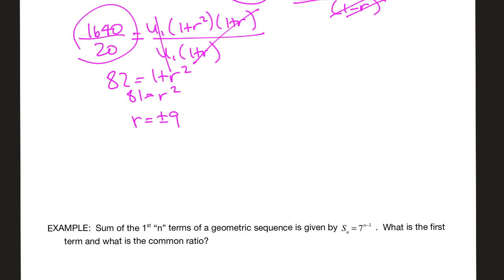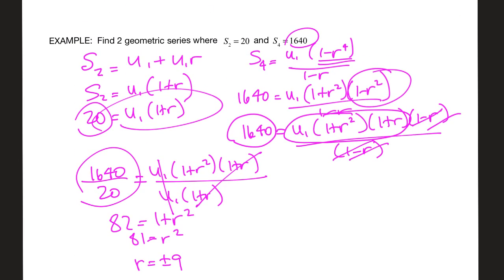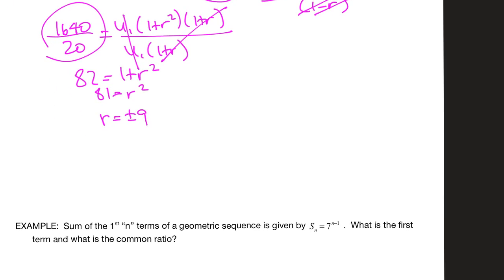Now let me go back to the first number that I know, which is the sum of the first two terms. In fact, let me go back up here and highlight what I'm using. I am using this. So using that, let me put in some numbers. I'm going to have 20 equal to u sub 1 times 1 plus 9.